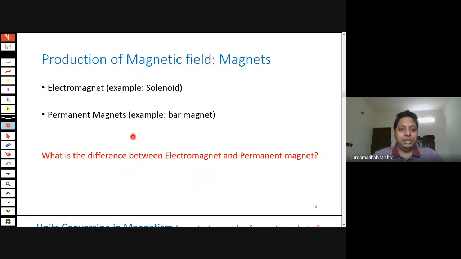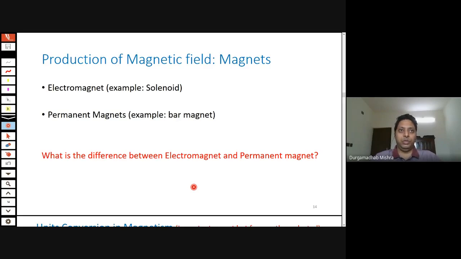As I already told you, if you want to produce a magnetic field, you use magnets. It could be an electromagnet or a permanent magnet. There is definitely a big difference between an electromagnet and a permanent magnet, right? In an electromagnet, you can switch your field on or off.